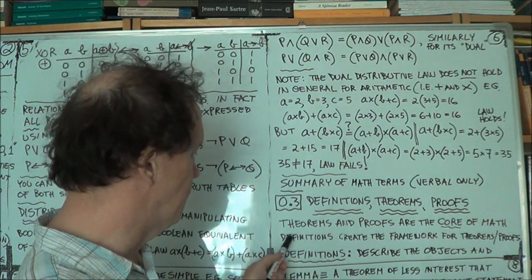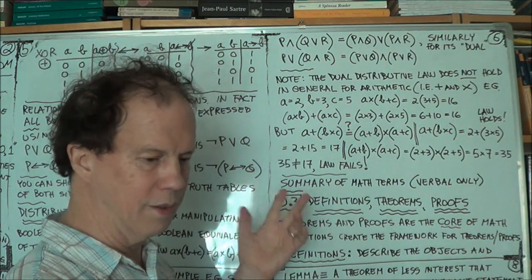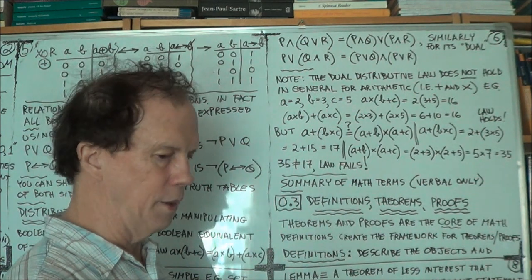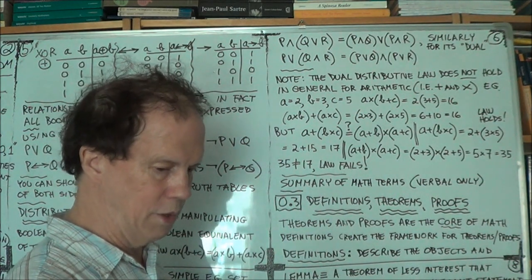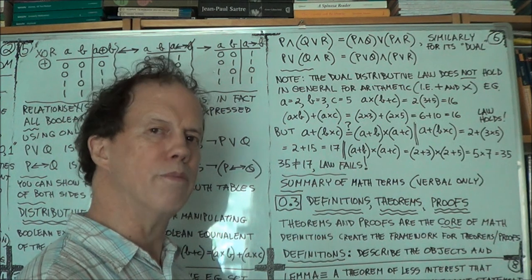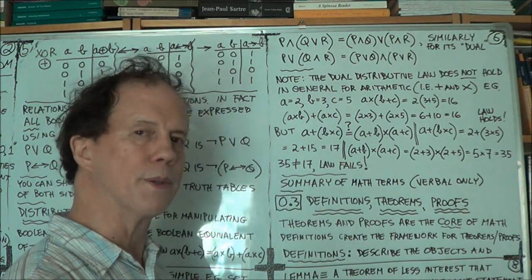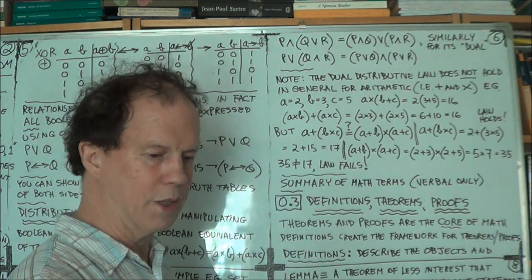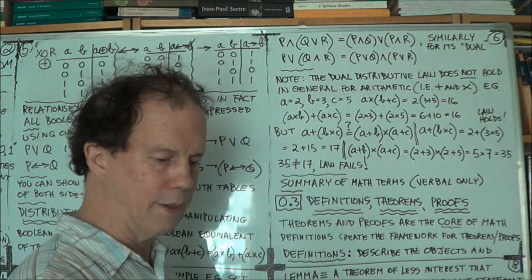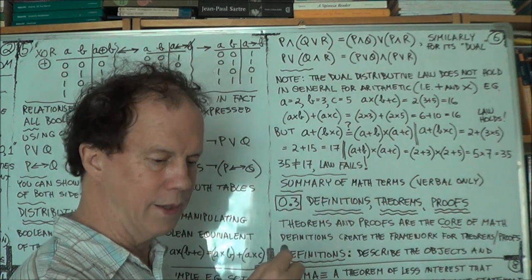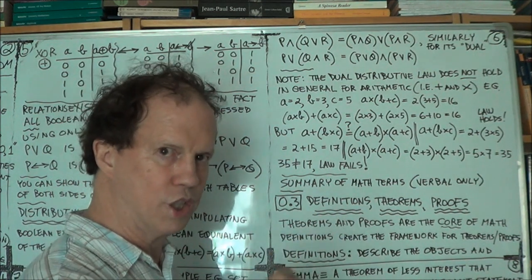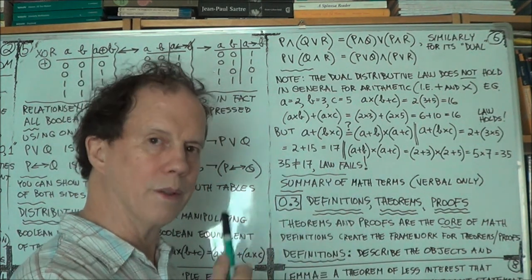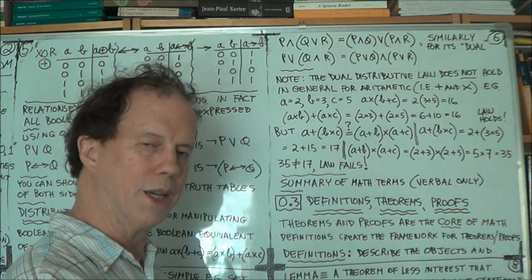And what are definitions? Well, I've been using the 3 bars for definitions a lot. You need to define your terms. You need to give a meaning to the symbols that you're using. So typically a definition would take the form of some symbols on the left-hand side, and then 3 bars, which is the definition sign, and then some expression on the right-hand side.